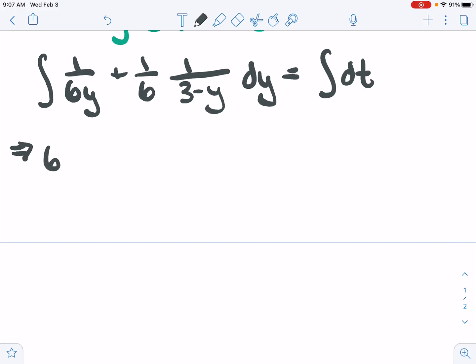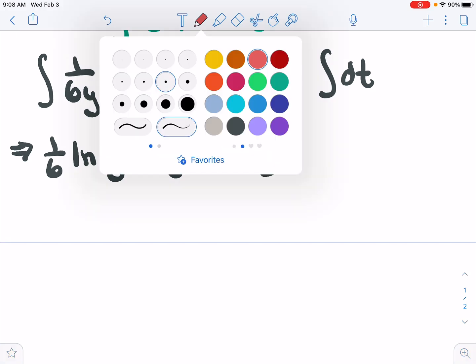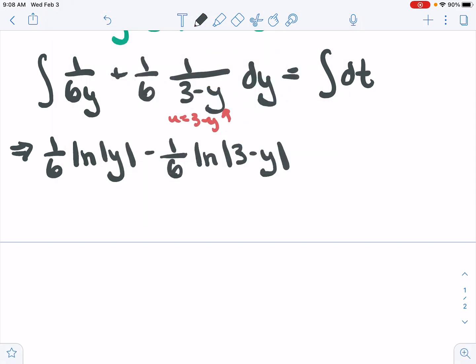So this is 1/6 times the natural log of y minus 1/6 times the natural log of (3 minus y). There's a sign change there from the chain rule, or if we did a change of variables on this, we could do u equals 3 minus y in this part of the integral, and the du would give us a sign change. Equals t plus C.